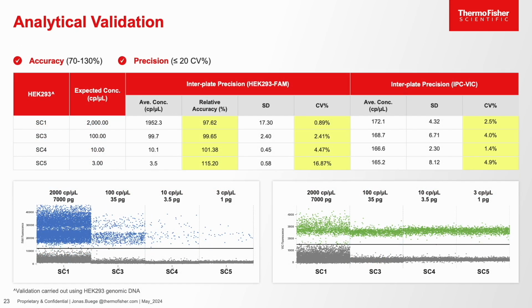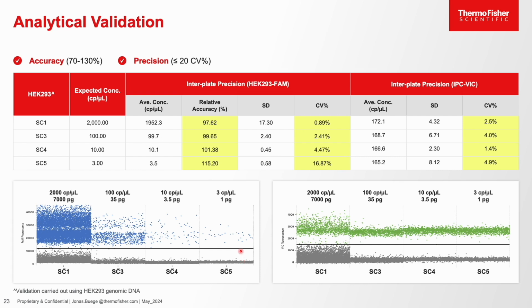The analytical validation was conducted using the HEK293 genomic DNA. The HEK targets are read on the FAM channel, whereas the internal positive control is read on the VIC channel. The results across different quantitation points, as indicated in this column here and in this column here, showed high accuracy as well as good precision through the different quantitation points, and this is supported by distinct separation seen in the plots between the positive as well as the negative population.